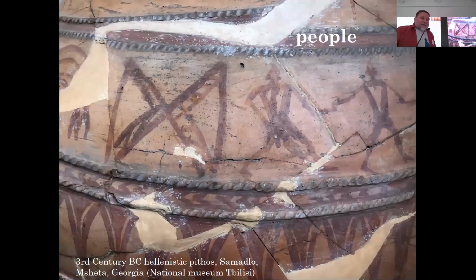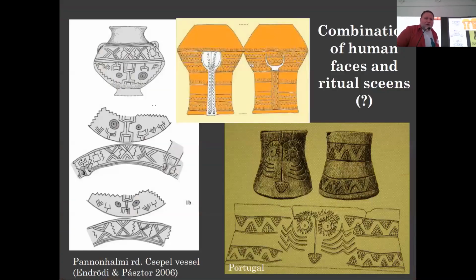Okay, this symbol is being connected to expressing human beings also much later, in the Hellenistic period. This is an example of a pithoi jar from Tbilisi, from Georgia.